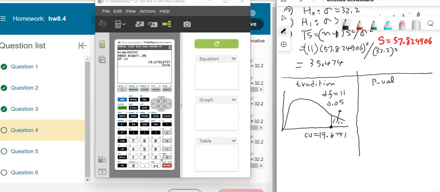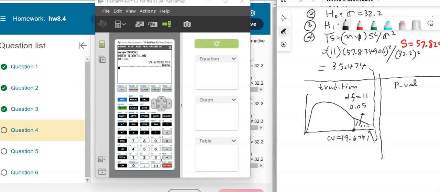But our test statistic is in the critical region, isn't it? Because that is bigger than 19.675. So this step is step 5. So step 6, now we can reject the null hypothesis. So this is case 3. What does case 3 say? Sufficient evidence to support the claim.